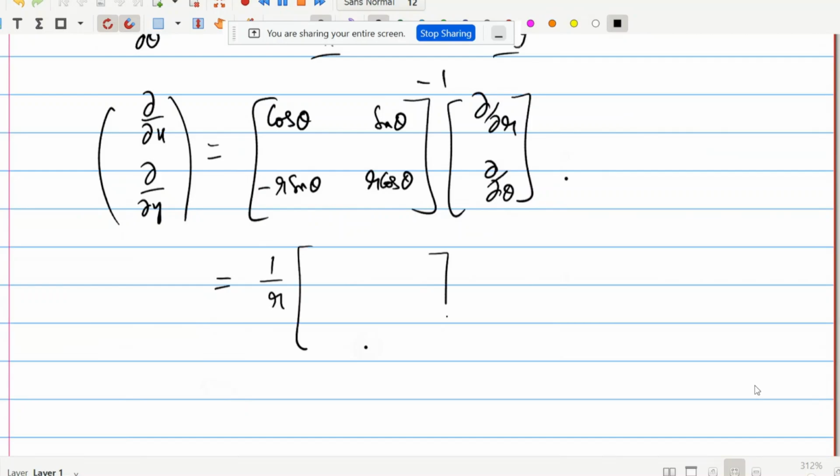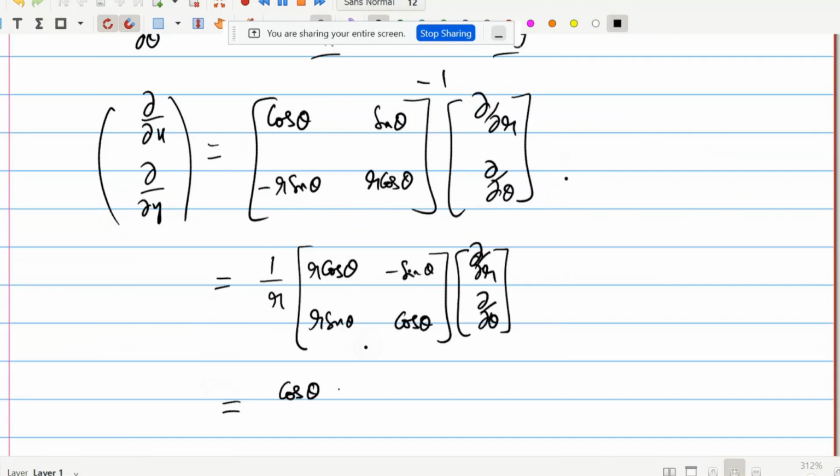And now what you do here is simply put r cos θ here, and cos θ here, and minus again, sign multiplication, r sin θ, acting on ∂/∂r, ∂/∂θ. If you invert it, 1 by r, r goes, so you have cos θ ∂/∂r minus 1 by r sin θ ∂/∂θ.